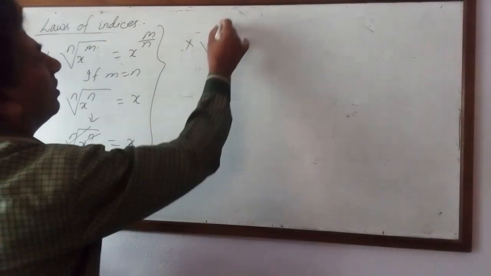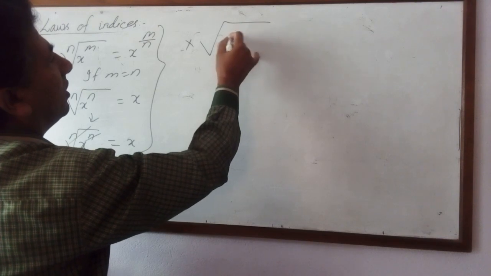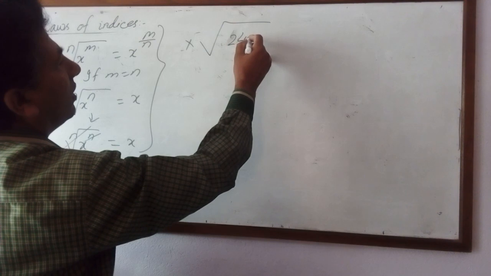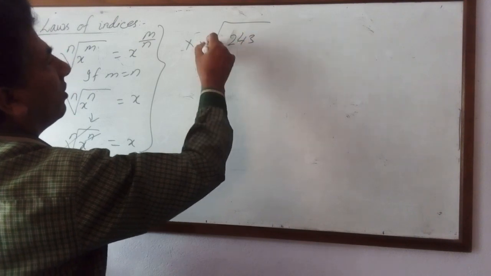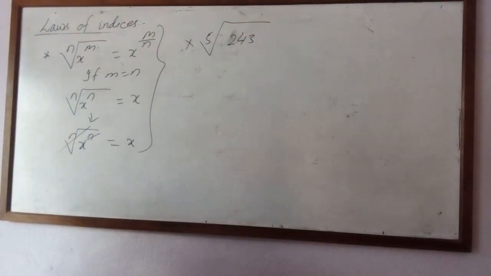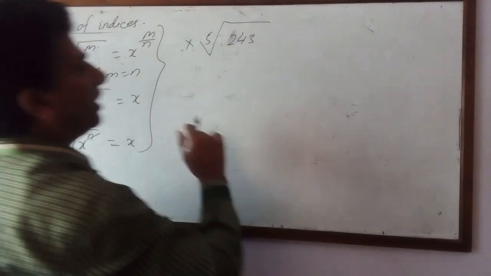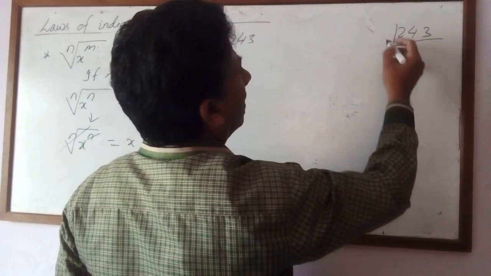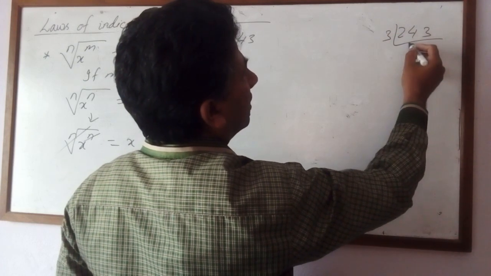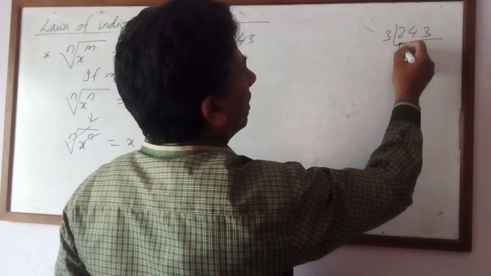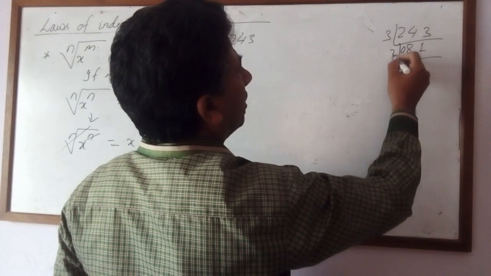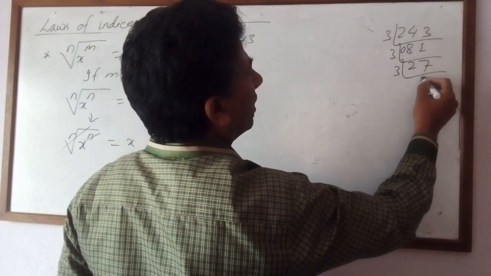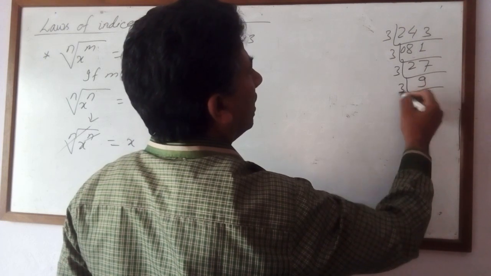Next example, 243. Okay, I have taken a fifth root. Okay, this 243, first find its factors. 3, 81, 3, 27, 3, 9, 3, 3.